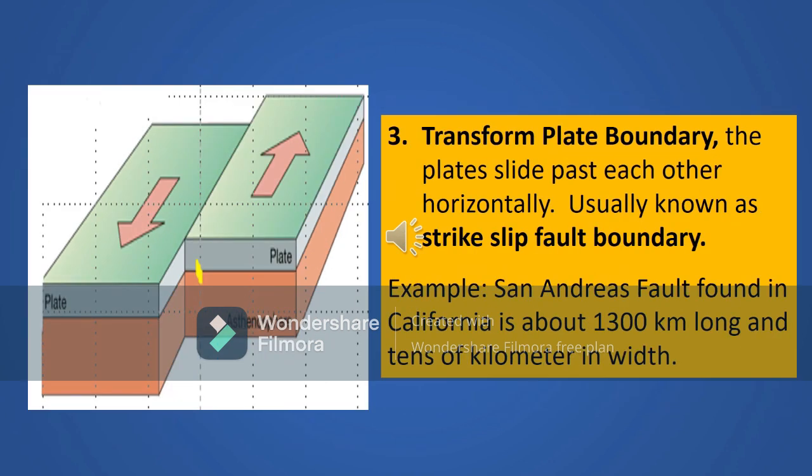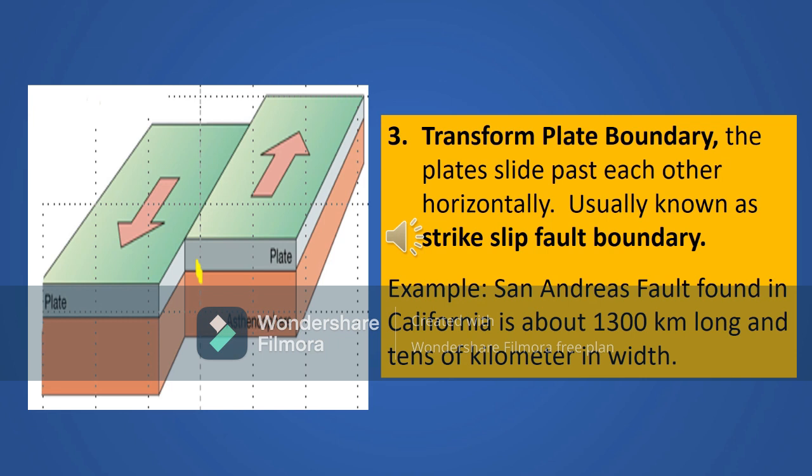Number 3, transform plate boundary. The plates slide past each other horizontally, usually known as the strike-slip fault boundary.